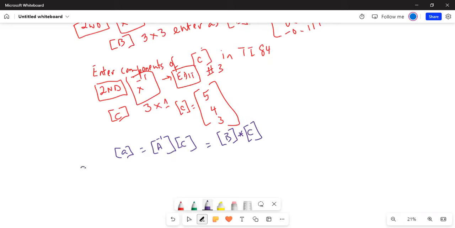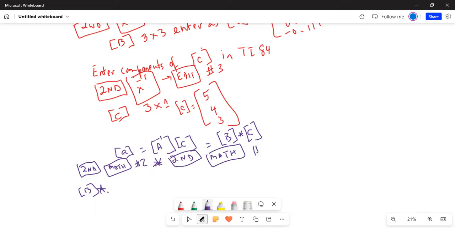So let's calculate in our calculator. Press the second button, then math, then you'll select number 2, which will give you matrix B. Then you'll do the multiplication sign. And then second, math, and number 3, which will give here matrix C. And then you hit enter.